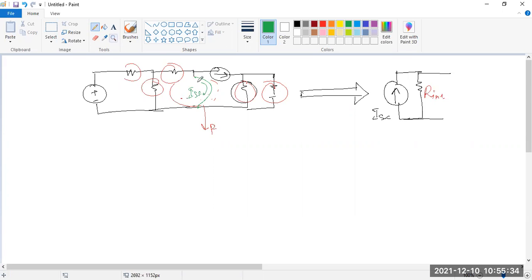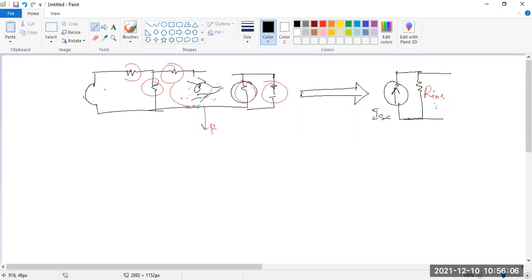And then you have to find, again you have to remove the sources. If there is a current source, then you have to open it, and if you have a voltage source, then you have to short it. Then, if you see from this area, you can find the equivalent resistance, that is R internal.